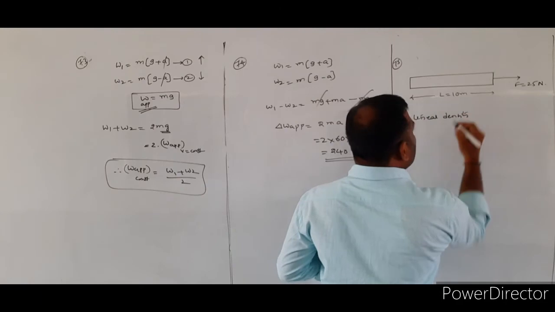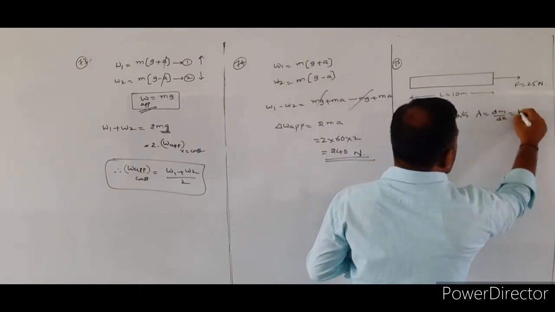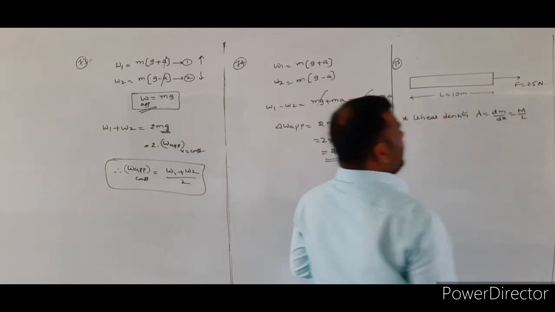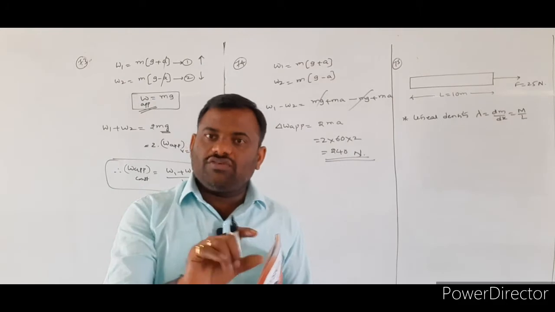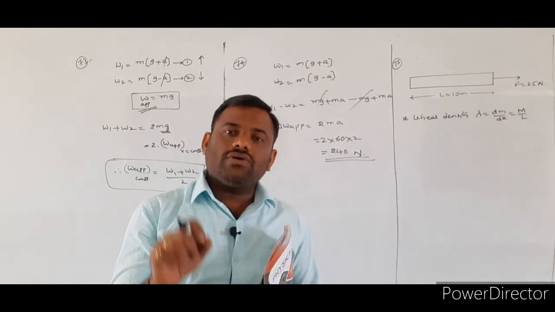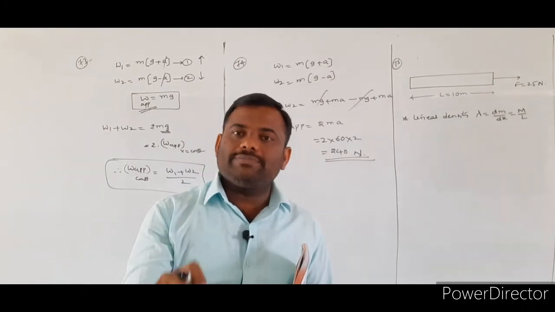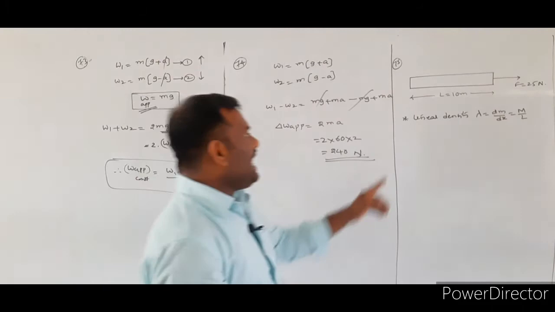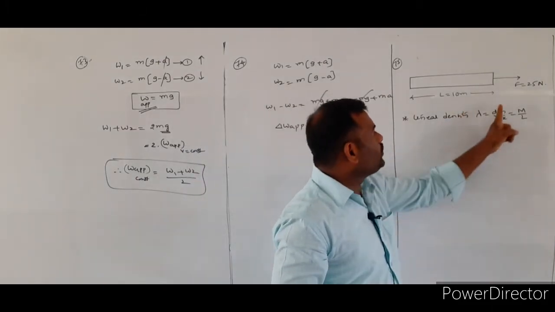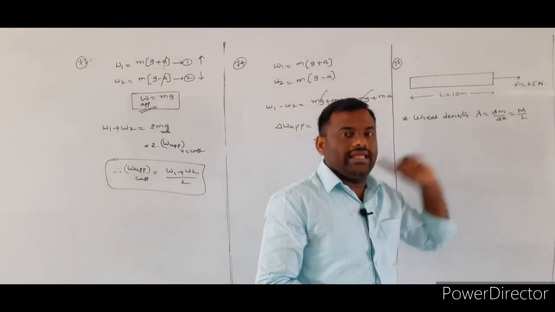Linear density is equal to dm by dx, or total mass by total length. Whenever you consider a uniform rod or uniform thread, mass per unit length is called the linear density, that is dm by dx, equal to total mass by total length.